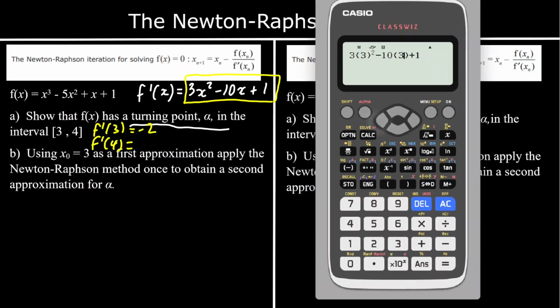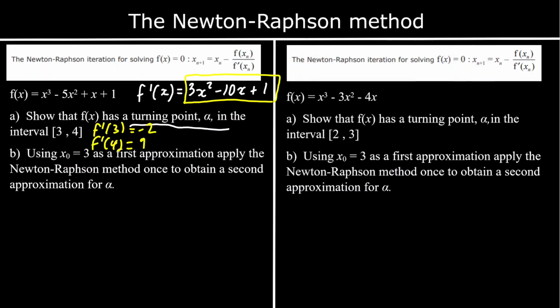And for 4, we get a positive 9. So again, we have the change of sign and the continuous function. Therefore, we have a turning point between 3 and 4. I would write that all down if I had a bit more space.